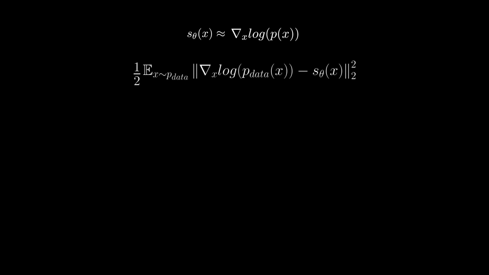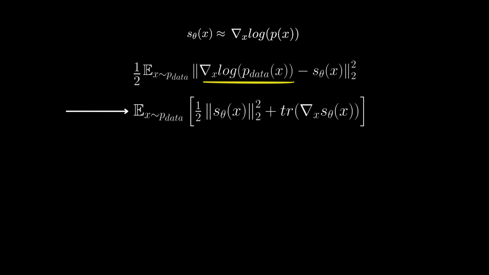But the problem is that we don't have access to this score of p data. We only have access to samples from p data. So we need to do something about this term. It turns out that under certain assumptions, optimizing this objective is the same as optimizing this one. Where now, if you see, we don't have the gradient of log of p data term.